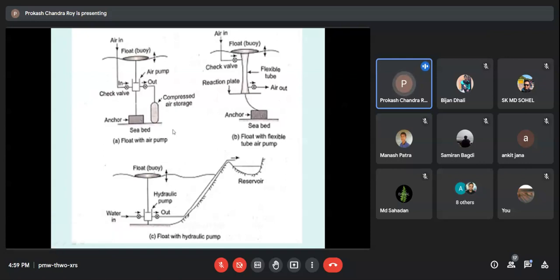And when you have compressed air at a certain pressure, that air can be utilized in different ways. If you have an air turbine, when the high pressure air moves through the turbine, it will generate mechanical energy, and you will get the shaft power.